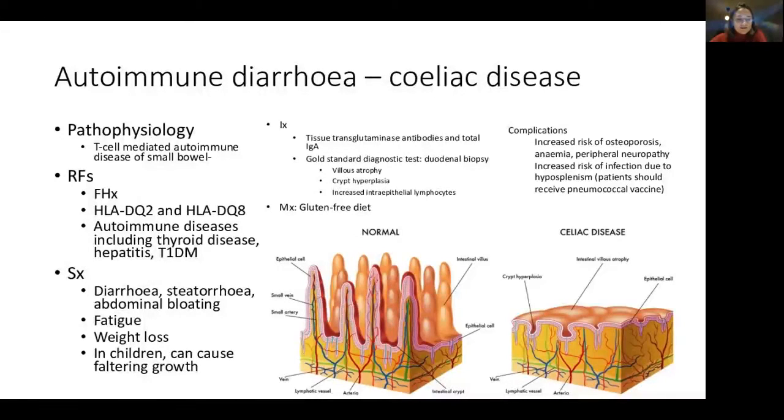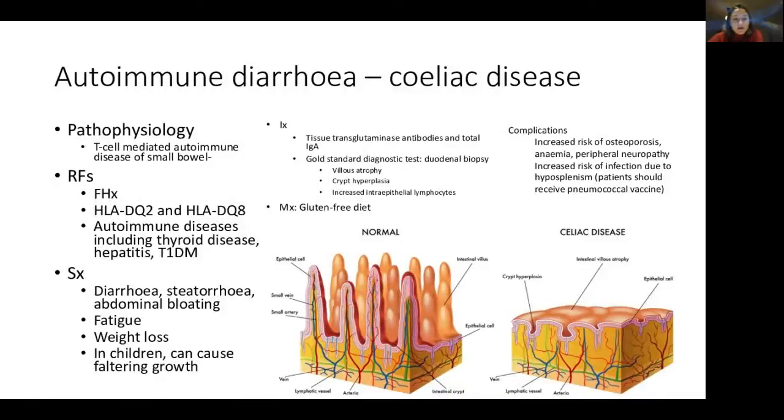The risk factors include family history and these HLA types, DQ2 and DQ8, and there may be a history of other autoimmune diseases such as thyroid disease, hepatitis, type 1 diabetes. It presents as it did with this patient with fatigue, weight loss, change in bowel habit. In children, they can have faltering growth as well.